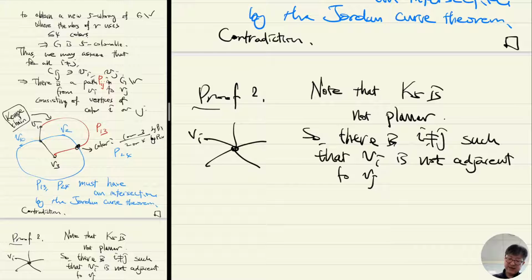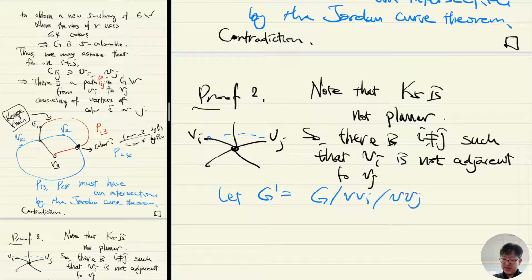So there is a Vi, Vj such that these two are not adjacent. Now, if that's the case, then let G prime be G contract with Vi, contract with Vj. So we are contracting these two edges.